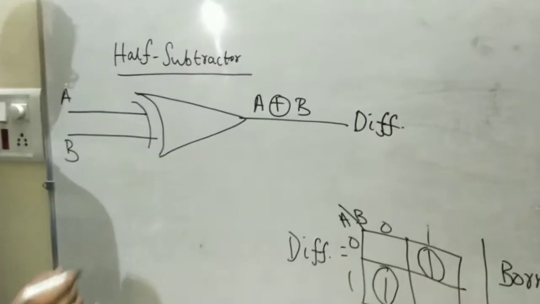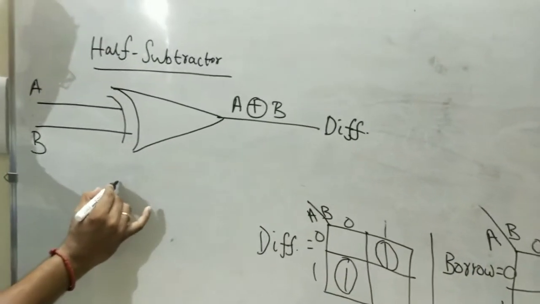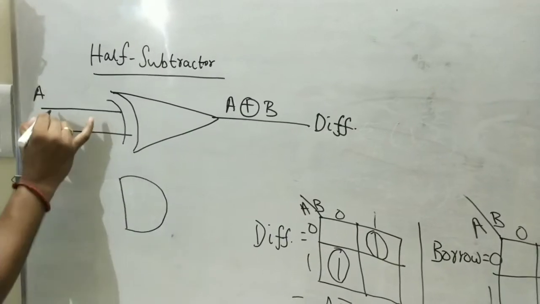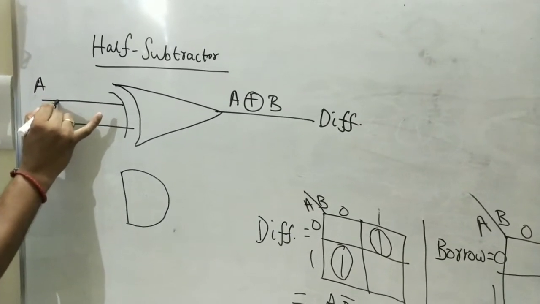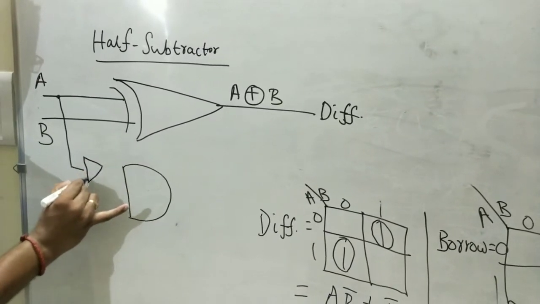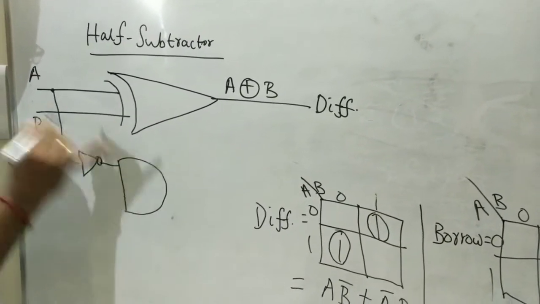Then for borrow, A dash B. A dash means you need to put an inverter here and then bring it here.